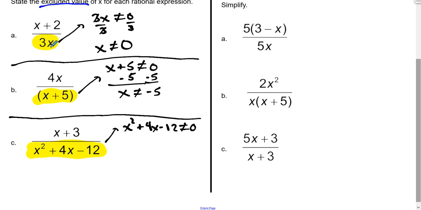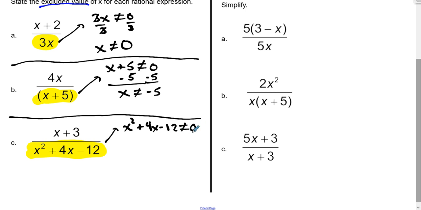Well, in the first part of the example, we had a monomial denominator, okay? In the second part, we had a binomial denominator, and now I've got a trinomial denominator. So we're trying to give you an example of each one. But hopefully you guys are looking at this and saying, oh, it can't be equal to 0.